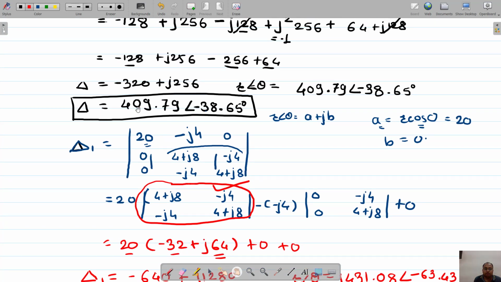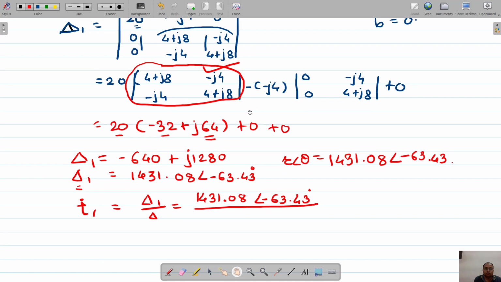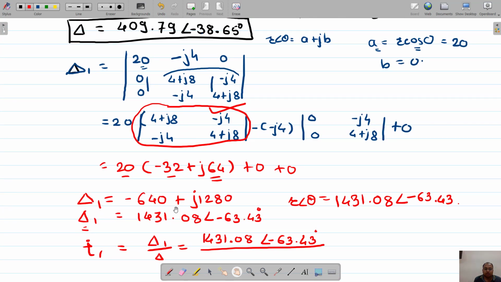So this is nothing but 409.79, and the angle is minus 38.65.